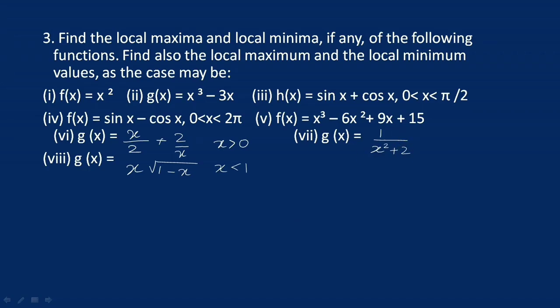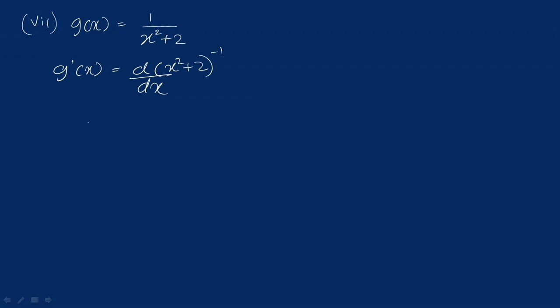Next, 7th question, that is g of x is equal to 1 by x square plus 2. So we have given g of x is equal to 1 by x square plus 2. Then what is g dash of x? That is d by dx of 1 by x square plus 2. 1 by x square plus 2 can be written as x square plus 2 whole raised to minus 1.